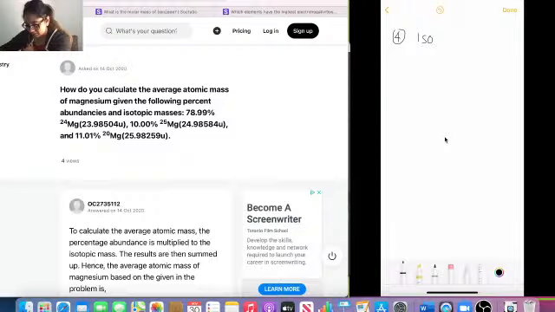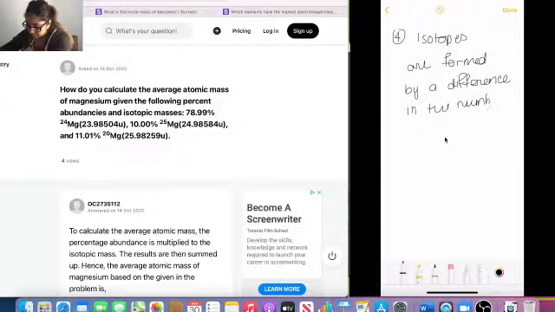Isotopes are formed by a difference in the number of neutrons, right?